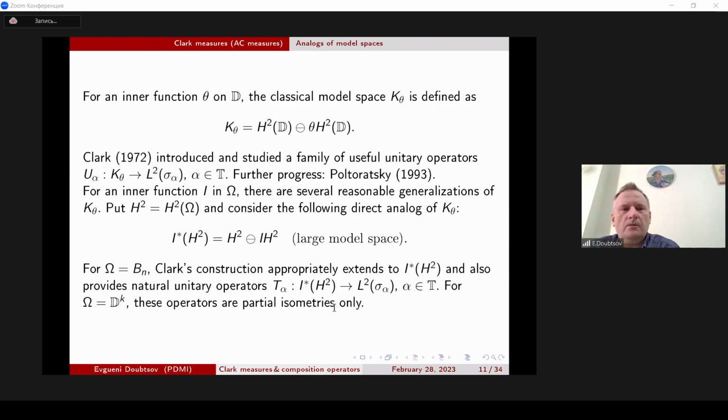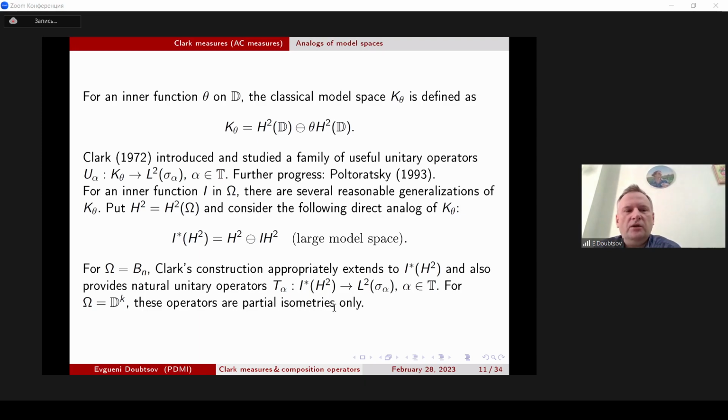So Clark measures were introduced by Clark in 1972. Well, it's possible to probably name other names around this date in 1972. Other mathematicians also considered and investigated and used these objects, but well, still, we assume that sigma alpha is a Clark measure, okay?